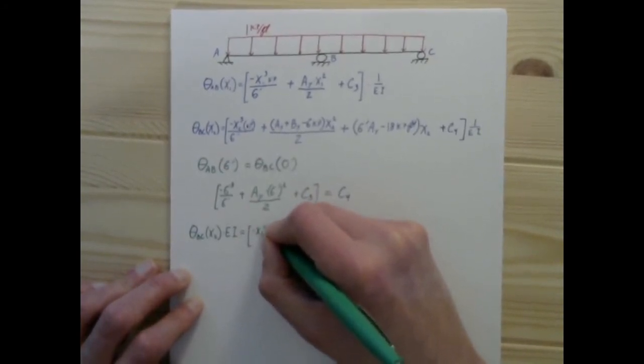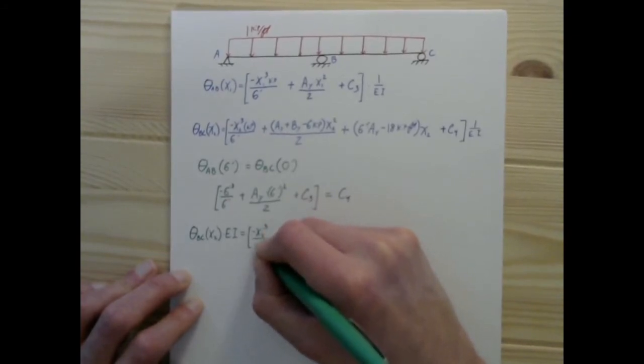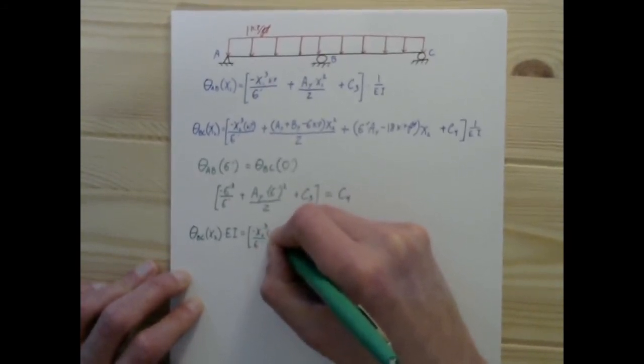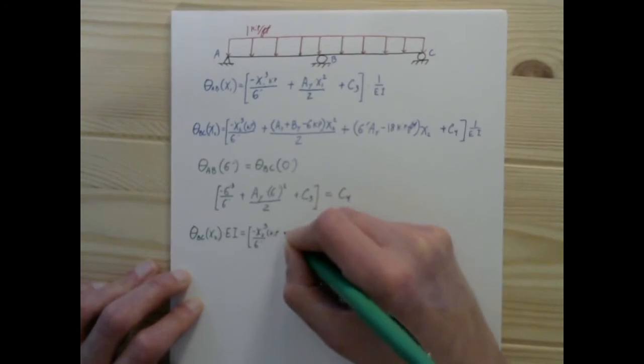Negative x2 cubed over 6 feet. Keep all this the same, right?